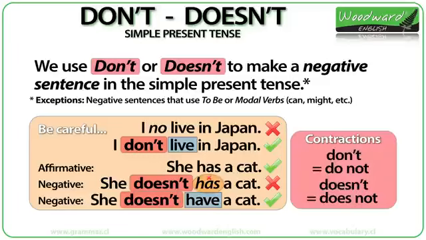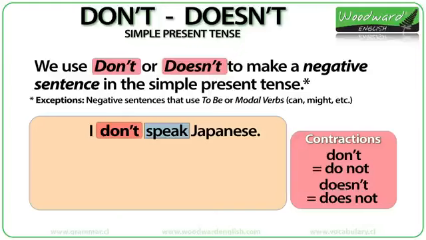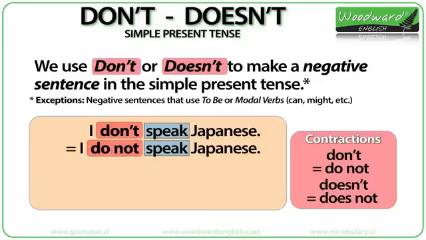Contractions. Don't is a contraction or a short way of saying do not. Doesn't is a contraction or a short way of saying does not. Let's see some examples. I don't speak Japanese is the same as I do not speak Japanese.